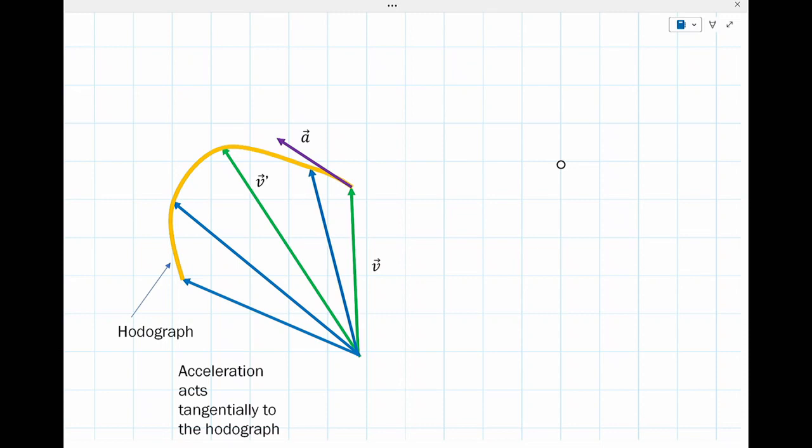That yellow curve is the description of the acceleration as a function of time, if this is velocity as a function of time. But it is tangential to that curve, which has absolutely nothing to do with the physical path that you're taking. So always be very careful with that.